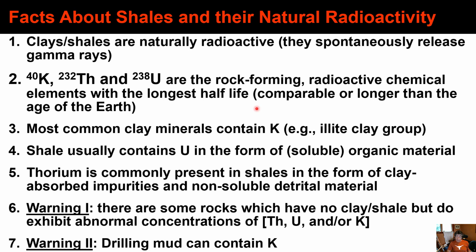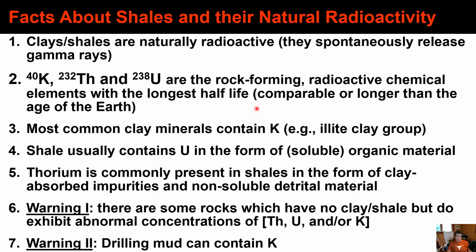And in addition, we know that there are many clay minerals that contain potassium, for instance, the illite clay group. So potassium is a very common chemical element that comes in the composition of clay minerals. The other thing we know is that uranium is often present in shales in the form of soluble organic material.